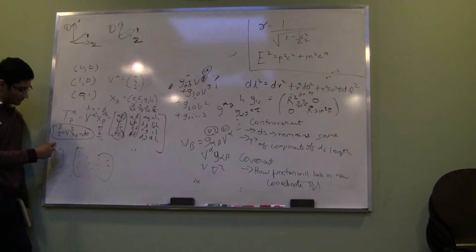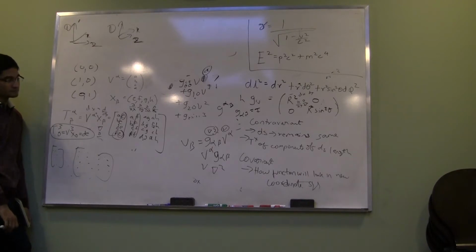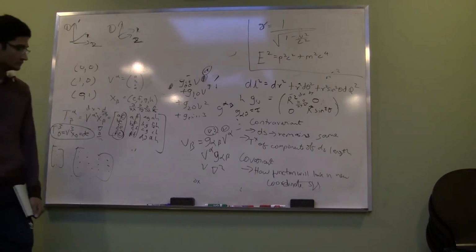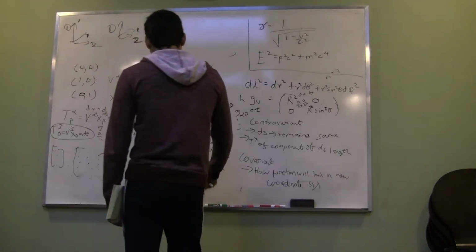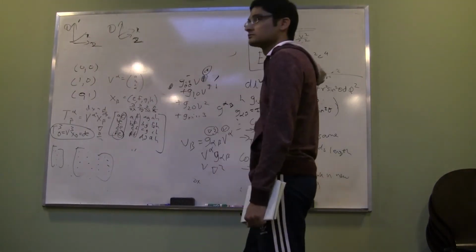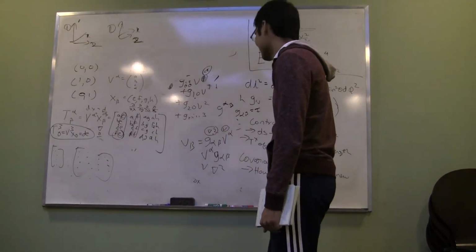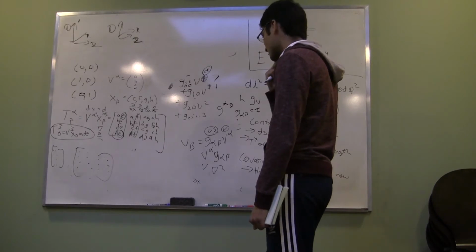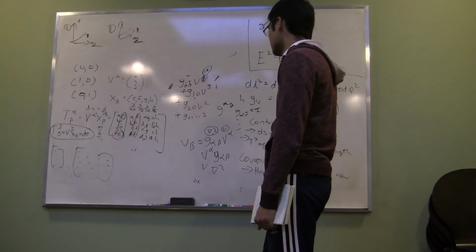How does it work, this into this? You'd have to have a row there. Oh yeah, a matrix times a column is good, but not a column times a matrix. So this won't work at all? Well, I don't know, I'm confused now. If I think of it as rows and columns, it doesn't work. If I think of it strictly as components.